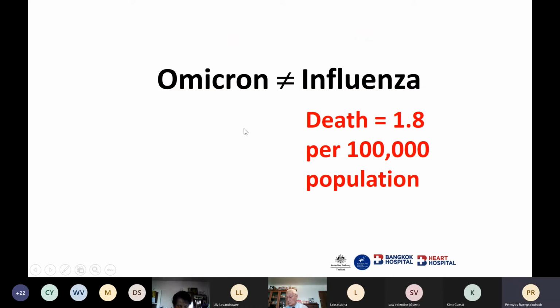And I think for now, Omicron is not equal influenza. The death rate is different, okay? The death rate from influenza is 1.8 per 100,000, okay?